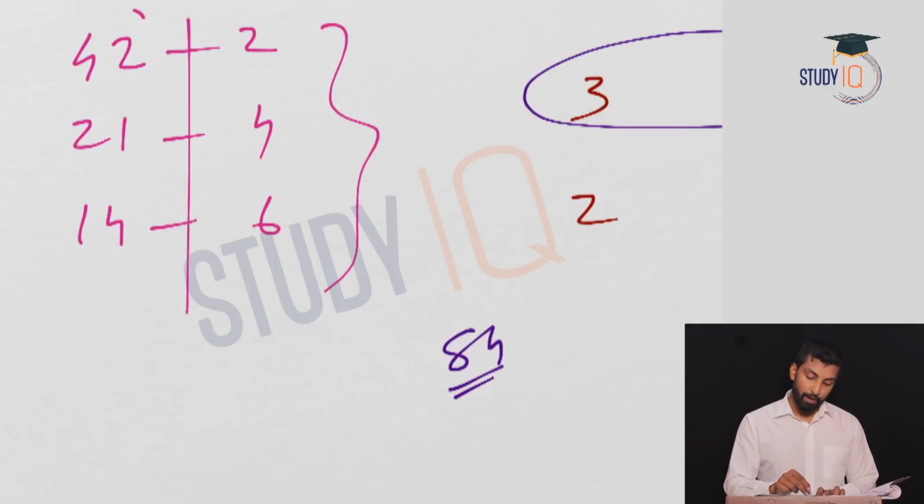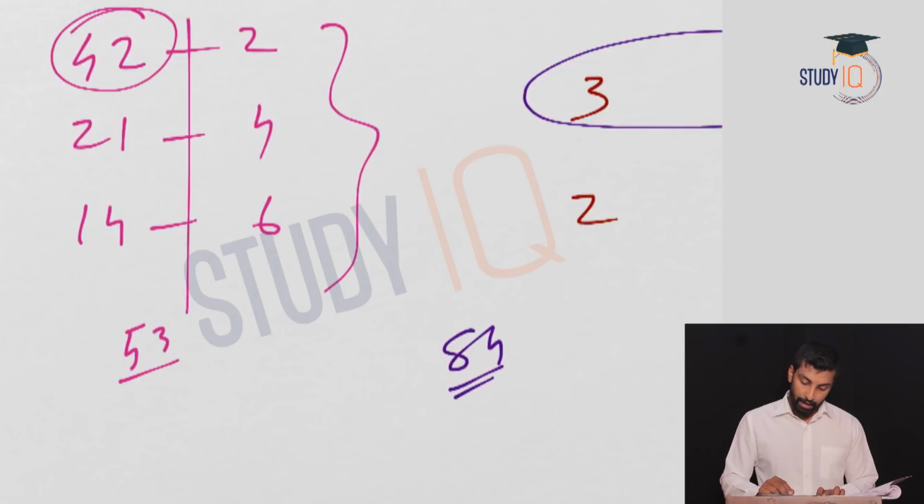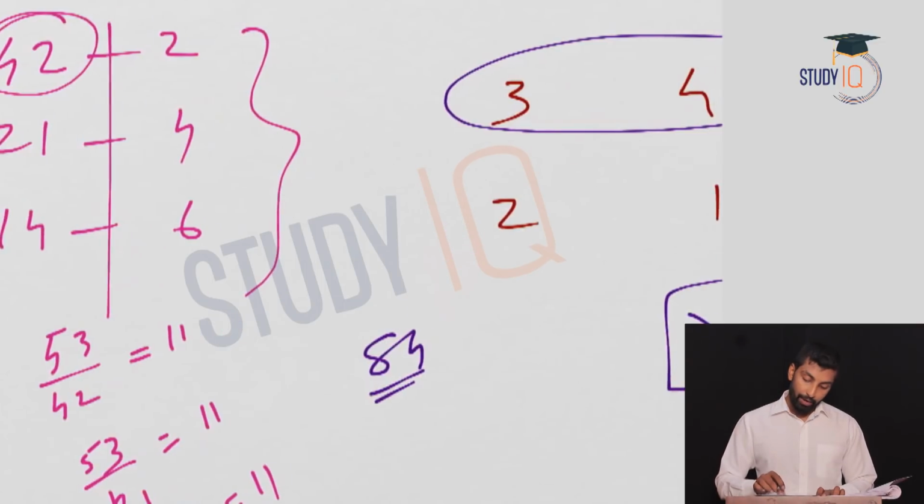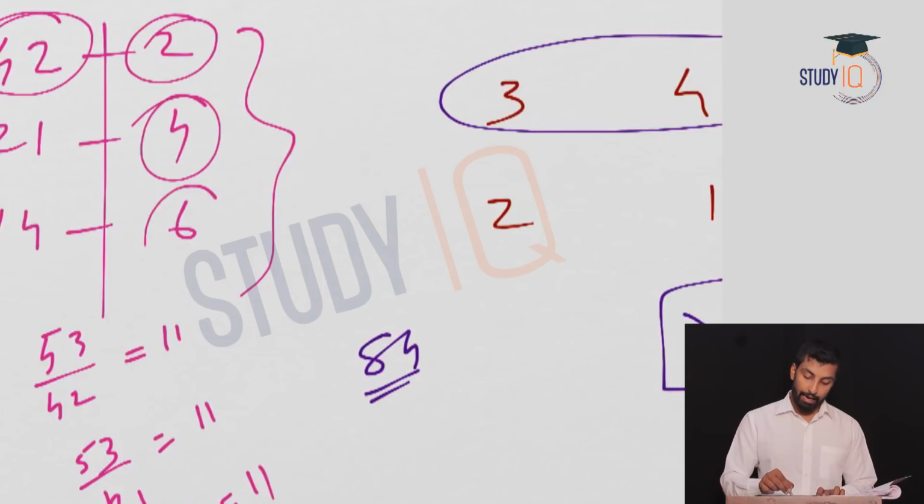If it was divided by 42, 53 divided by 42, you will write 11 as the answer. If it is 21, 53 divided by 21, again 11. If it is 14, 53 divided by 14, again 11. Similarly, you can do it with 2, 4 and 6.